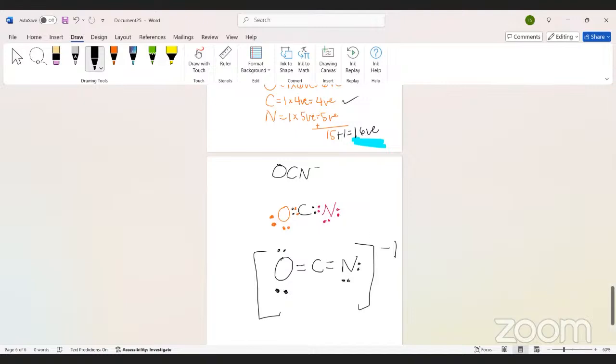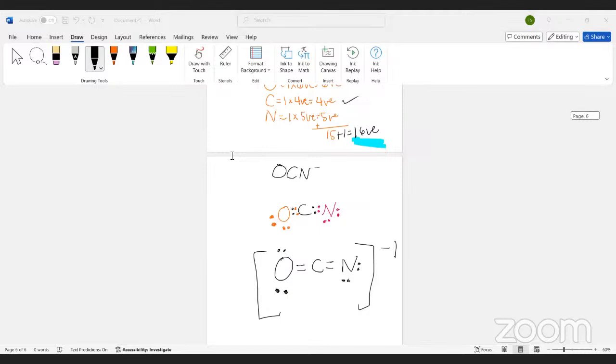And let me pull up some stuff here. Hold on, let me see. Electron configuration. So that you don't see these answers right here.